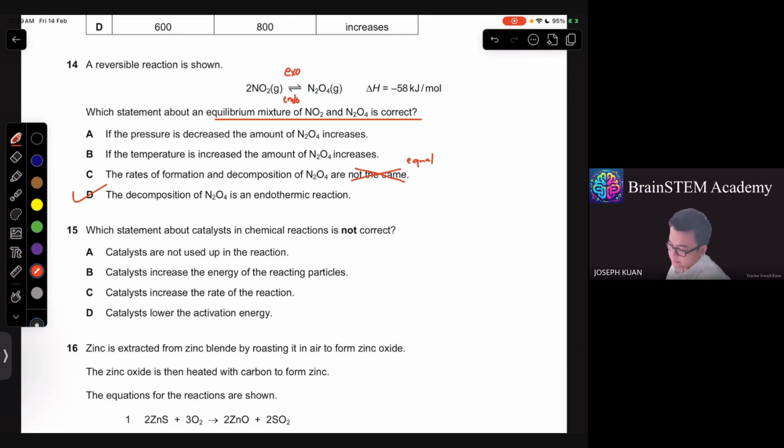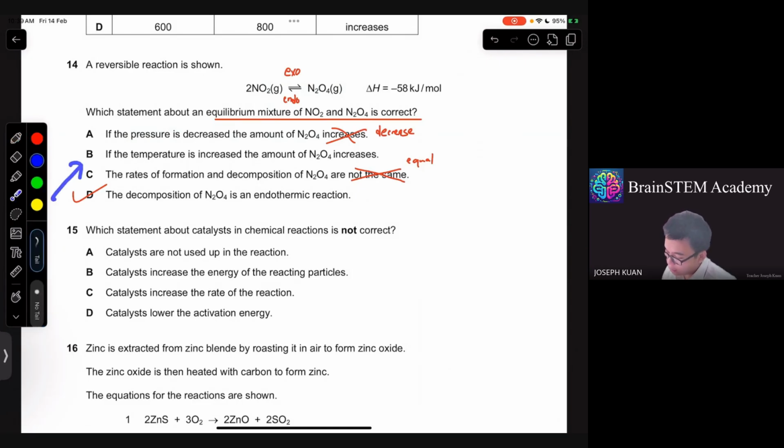A, if the pressure is decreased, the amount of N2O4 increases. When we decrease pressure of an equilibrium mixture, that will actually favor the side with more gas particles. So instead, the equilibrium position shifts to the left, so your N2O4 should not be increasing, it should be decreasing.